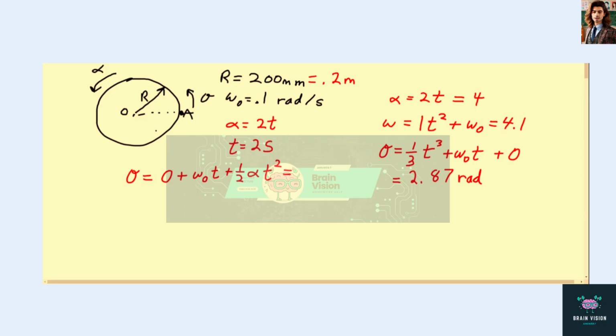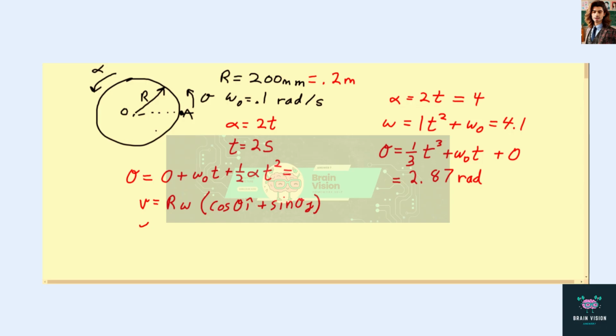Okay, at this point then, we can go ahead and figure out what our linear velocities and acceleration are at that point. And we just use a typical formula here where we use the radius times omega times the cosine of the position i hat plus the sine of the position j hat.